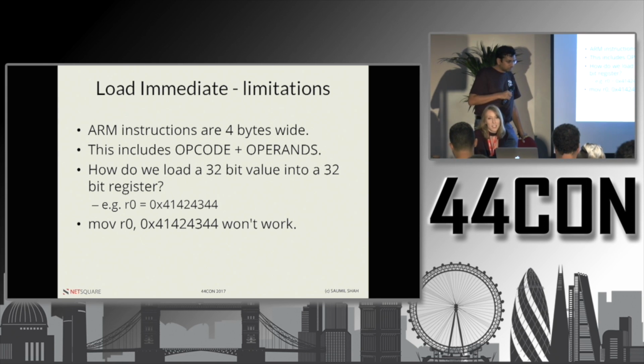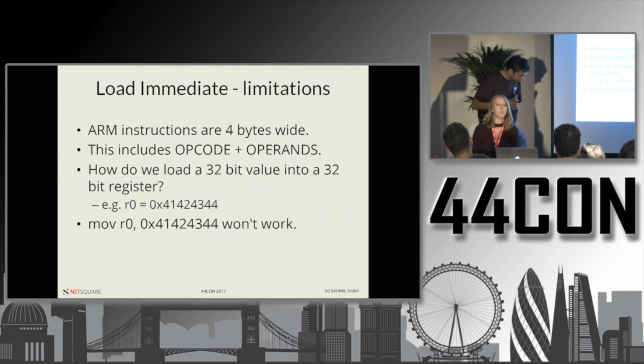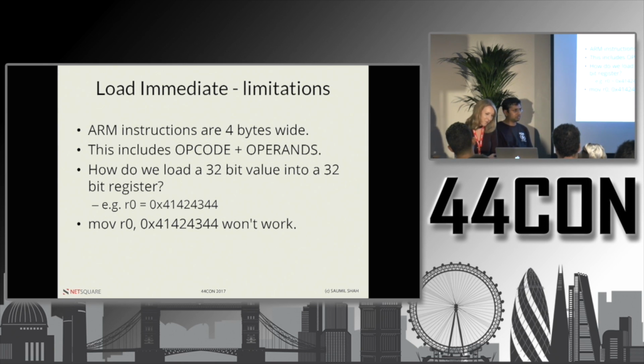All right, so loading immediate values into a register is not as trivial as in x86. There are restrictions, a lot of them. Long story short, we only have 8 bits for the immediate value, which means this is a problem.